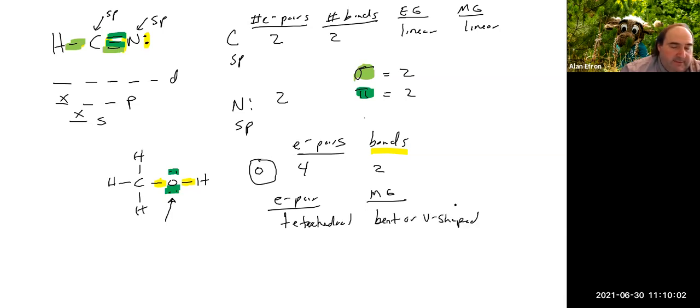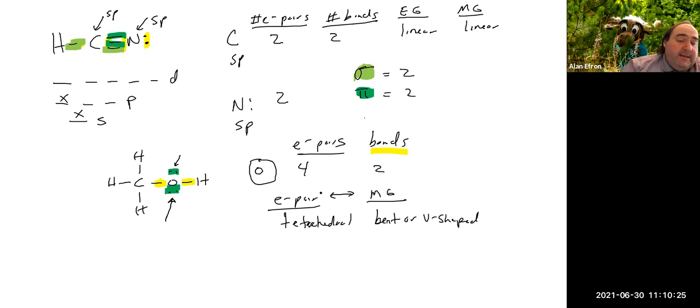Because there are dots around the central atom, we get different names. That's because, as we talked about, that allows the molecule to flex a little bit more because it's missing that extra bond. It gives it a little more room to spread out, and it affects the overall geometry.